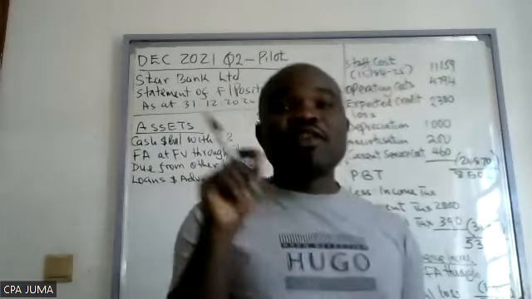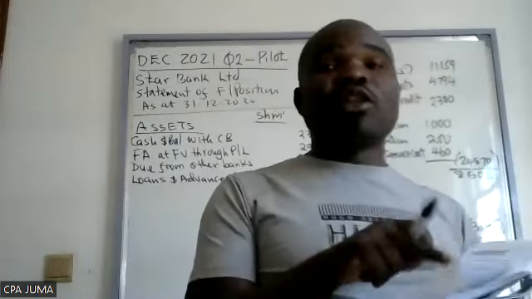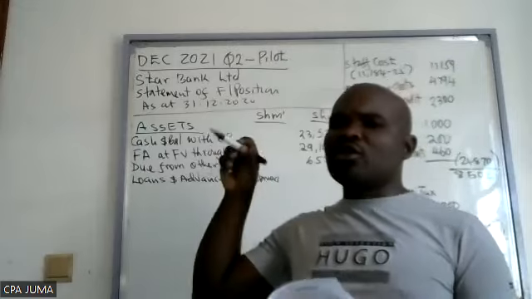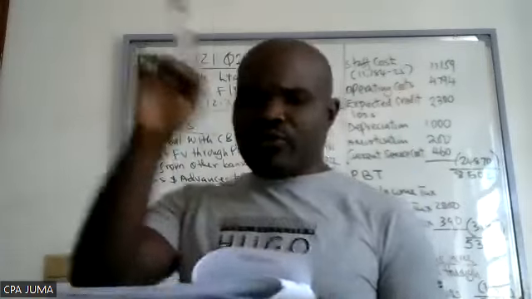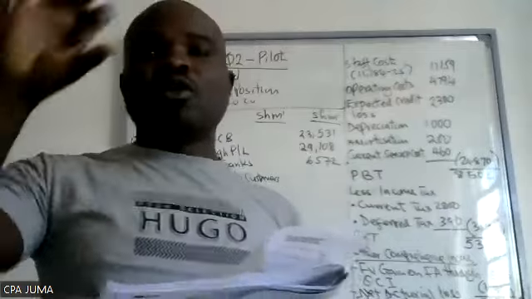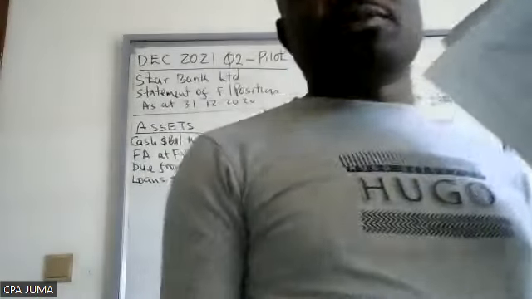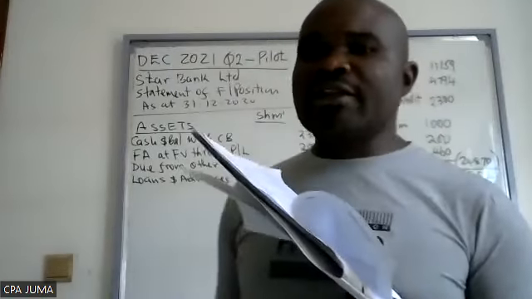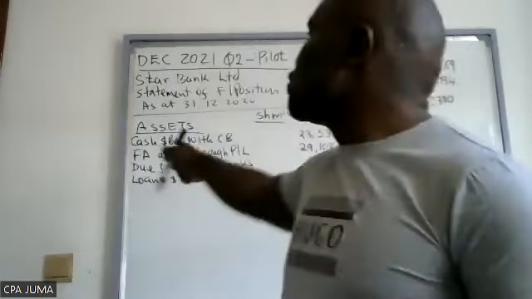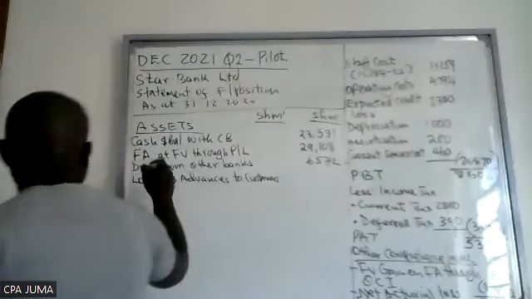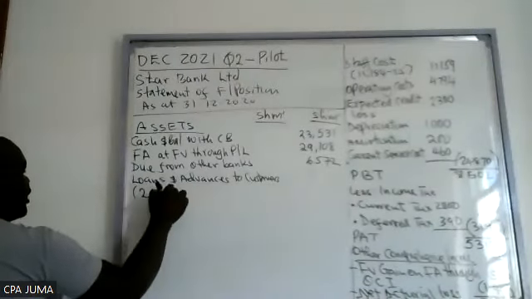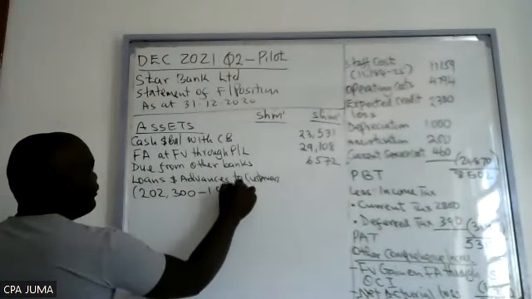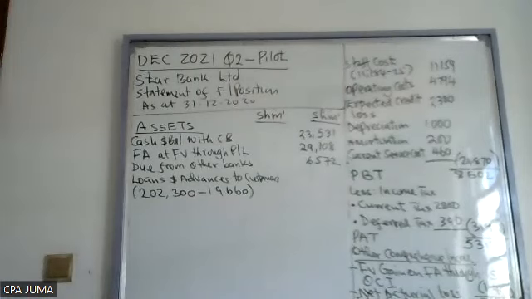On that amount, there is expected credit loss we calculated. So how much was it? The total expected credit loss, not the increase, the total you got from that schedule. You got 19,660. So you need to reduce out of this 202,300. There is doubtful of this one here, 19,660.